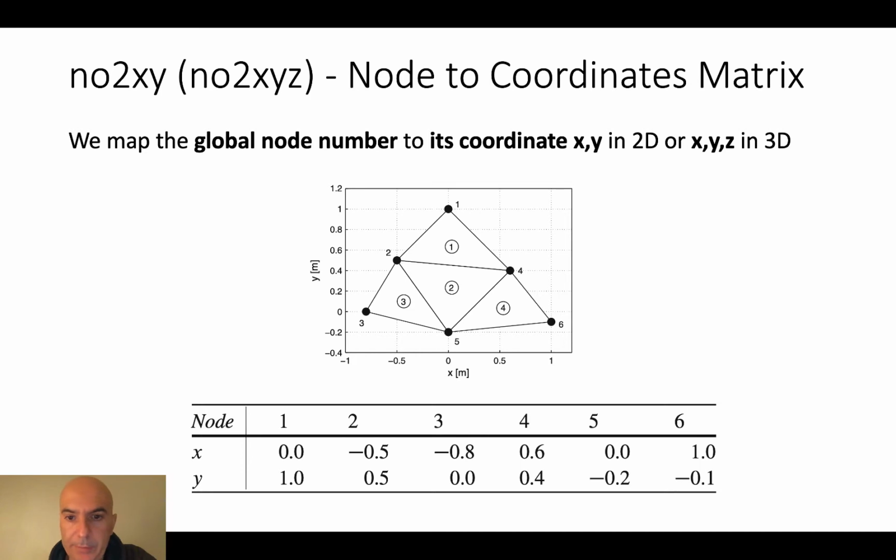So let's take for instance node 4. The first value will be 0.6, that is the x coordinate, and the y coordinate is going to be 0.4. So this is the column here. We map each node to the x and the y coordinates using this node2XY data structure.